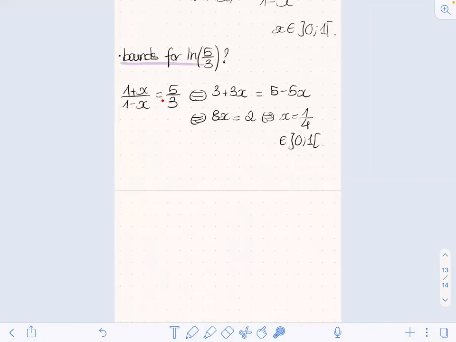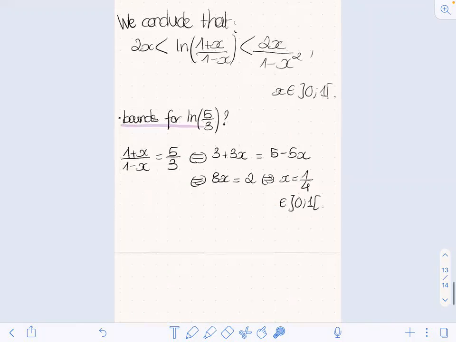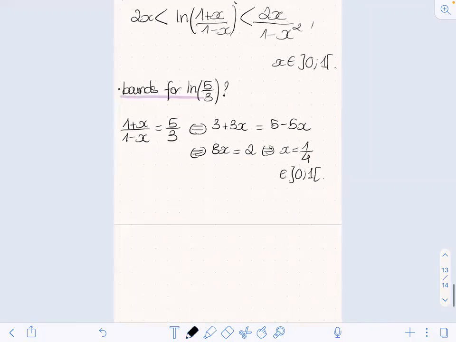So 5 over 3 is equal to 1 plus x over 1 minus x for x equal to 1 over 4, which belongs to the open interval here, for which this inequality holds. And we can apply the previously proven inequality.